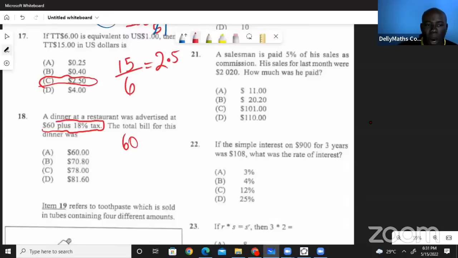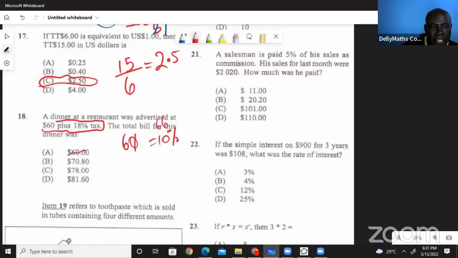Now, if I drop off a 0, then I'm finding 10%. So 10% of the $60 is 6. If they charged me 10%, I would have paid 60 plus 6. So 10% would have cost me $66.